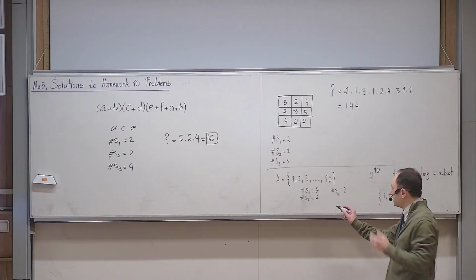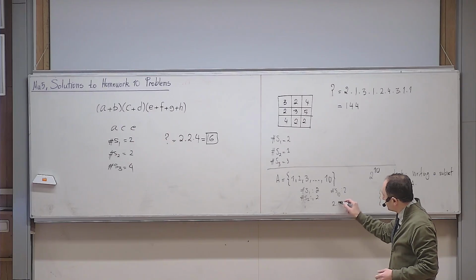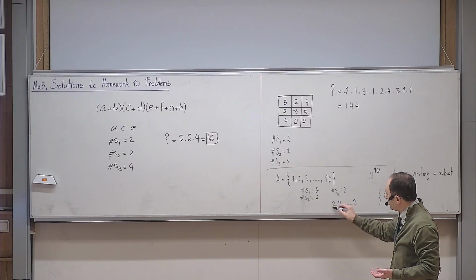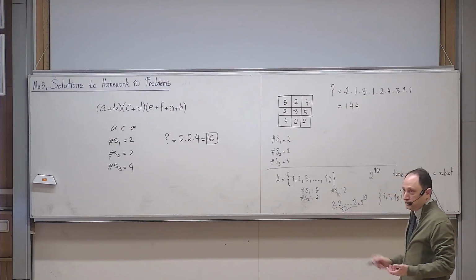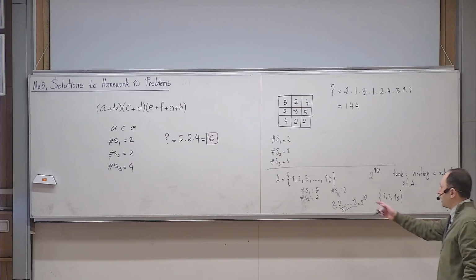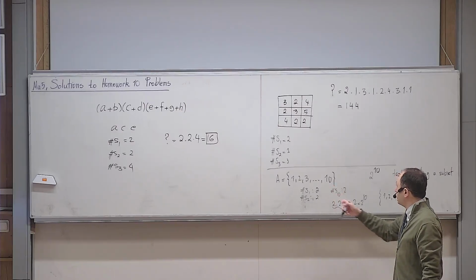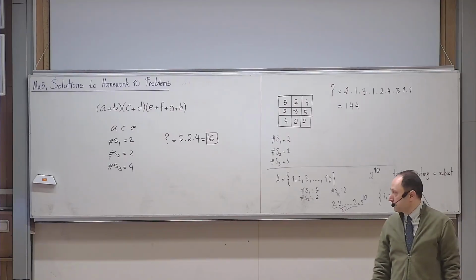So the total number of subsets is 2 times 2 times 2 up to the last. How many 2's are involved? 10. So it becomes 2 to the power of 10. Is that right? So that is the reason why if I have 10 elements in my set, I have 2 to the power of 10 subsets of that set.